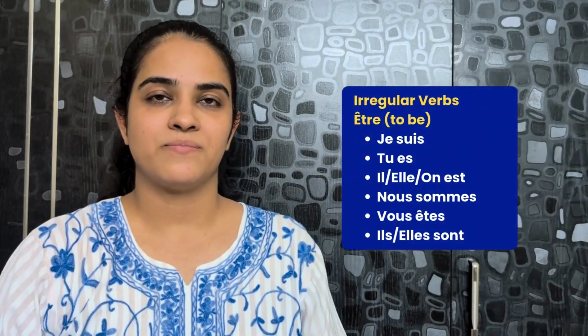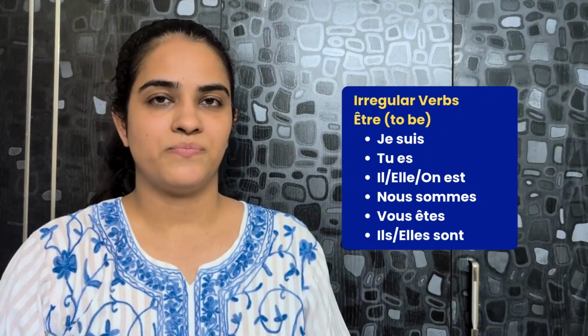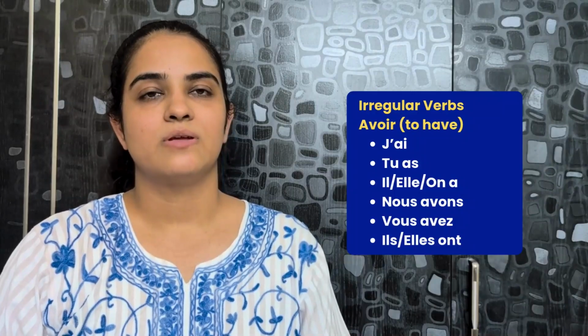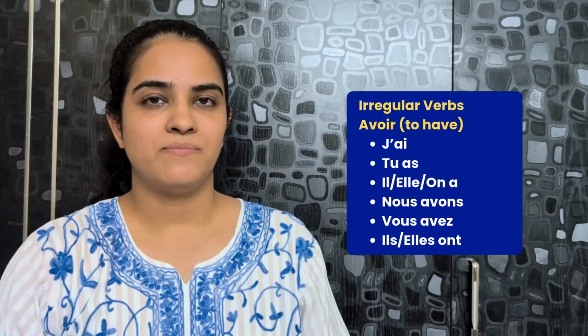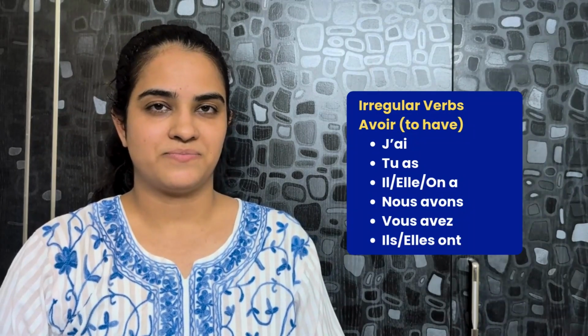The next set of really important irregular verbs is être, avoir, aller, faire. They do not follow any pattern at all, so it is very important to memorize them. We have for être, je suis, tu es, il, elle est, nous sommes, vous êtes, ils, elles sont. For avoir, we have j'ai, tu as, il, elle a, nous avons, vous avez, ils, elles ont.